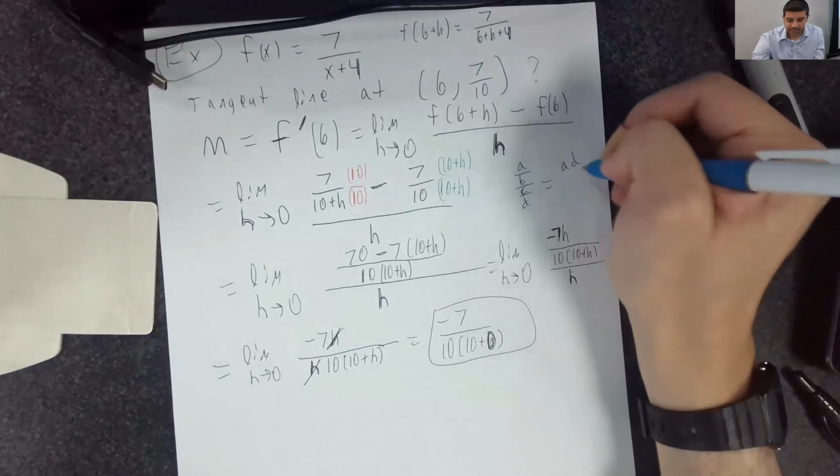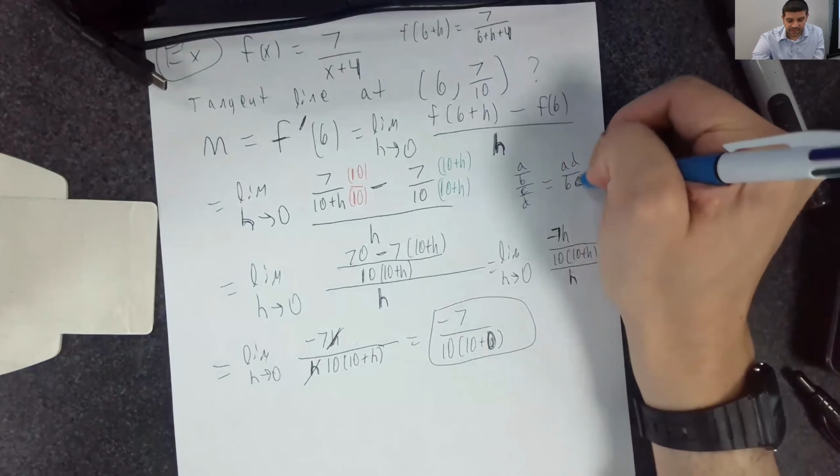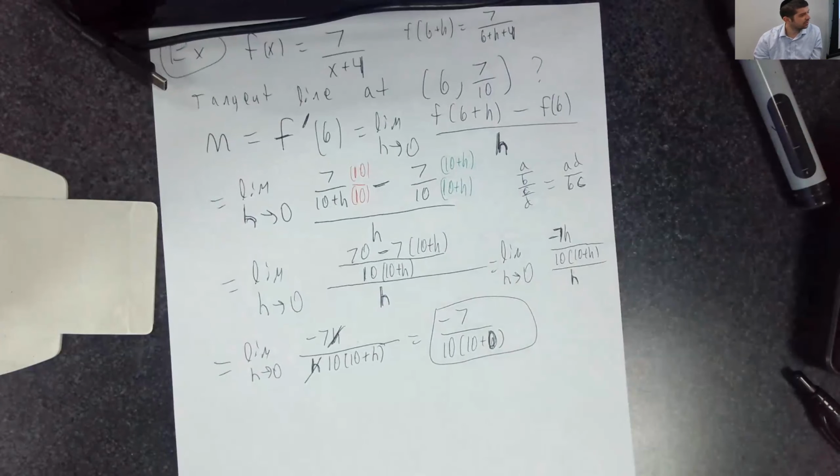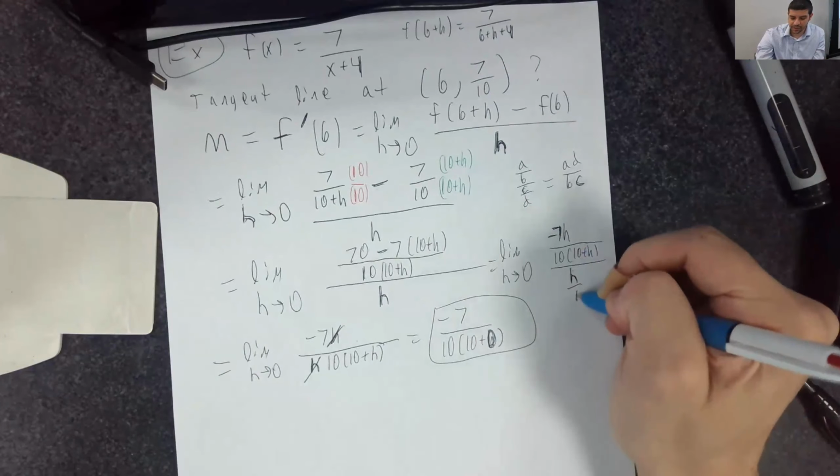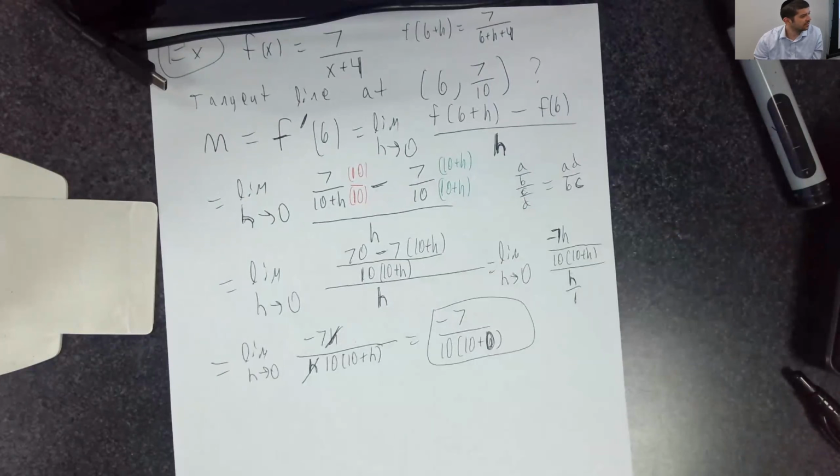It's ad divided by bc. Here, c over d is the same thing as h over 1, so I have a fraction there. Algebra rule: division by two fractions.